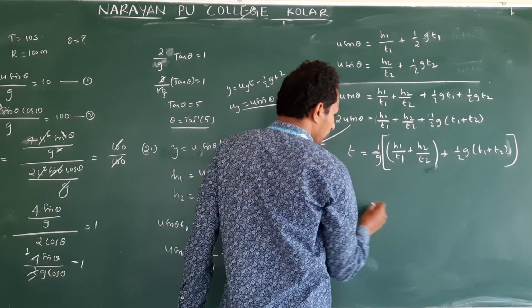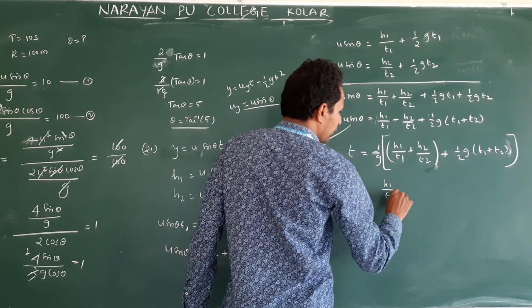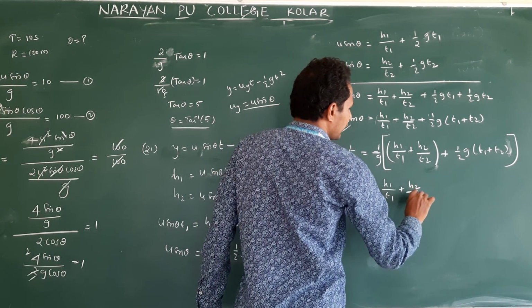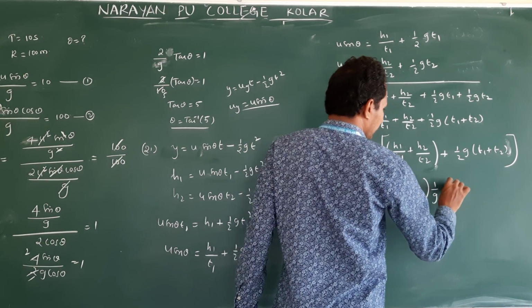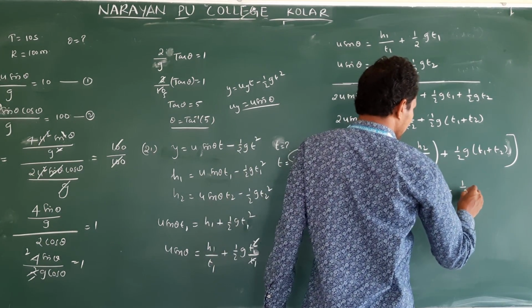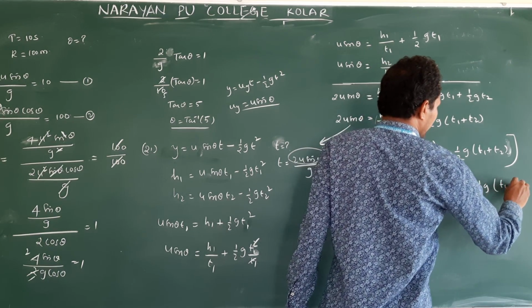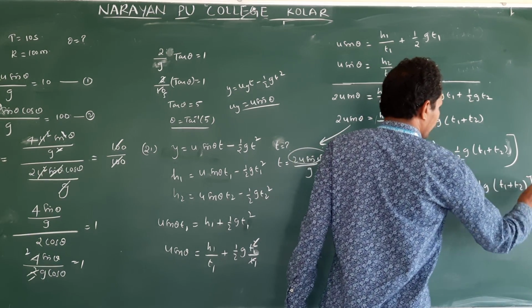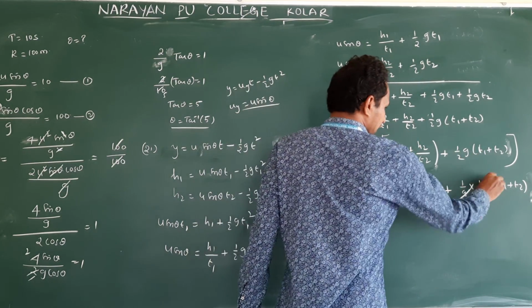Now 1 by g multiplying inside: (h1 by t1 plus h2 by t2) into 1 by g, plus 1 by g into 1 by 2 g into (t1 plus t2). The g's cancel.